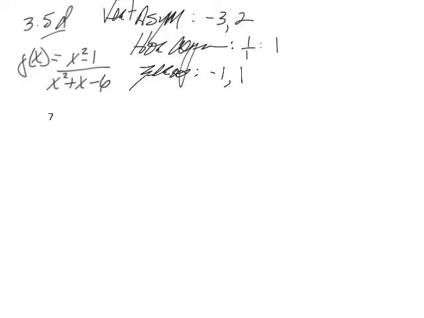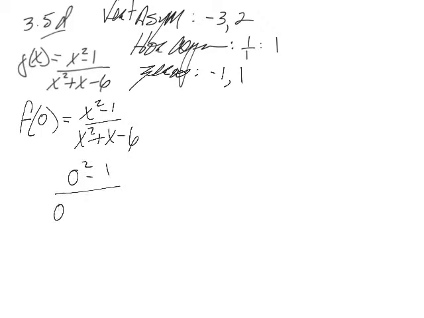The final step here is to find out where the y-intercept is, and we find that by finding y as if x were 0. So x squared minus 1 over x squared plus x minus 6 would be 0 squared minus 1 over 0 squared plus 0 minus 6, which ends up being 1 over 6.